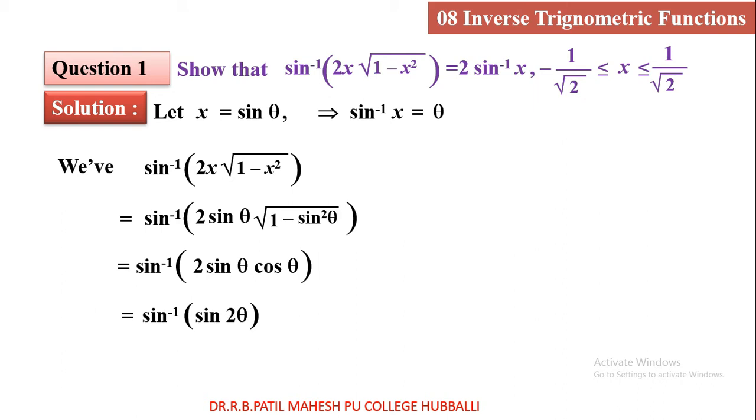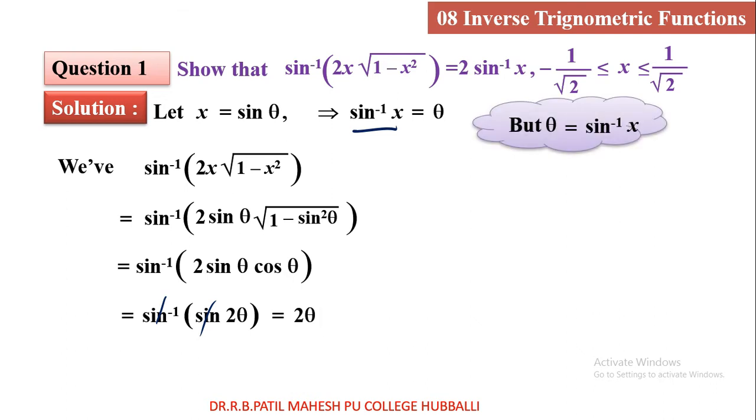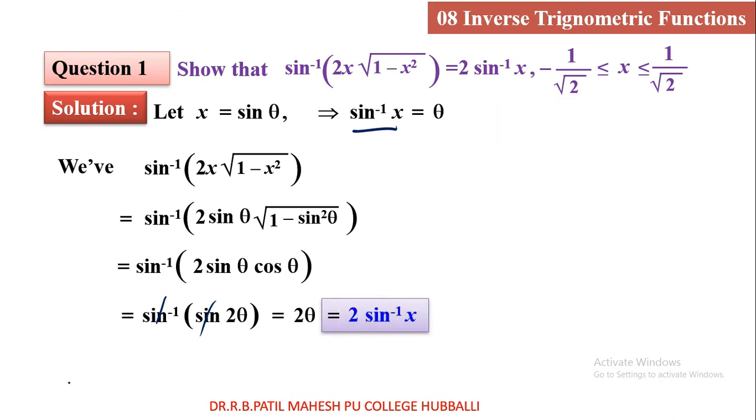Then remove this sin inverse and sin, so that you will be getting only 2 theta. Then theta is nothing but sin inverse x. So this is equal to 2 sin inverse x. Hence we proved LHS equal to RHS, that is 2 sin inverse x is equal to sin inverse of 2x into root of 1 minus x square. Like this we will solve some questions, students.